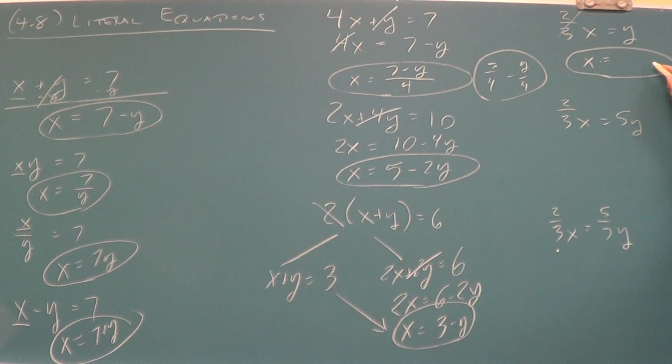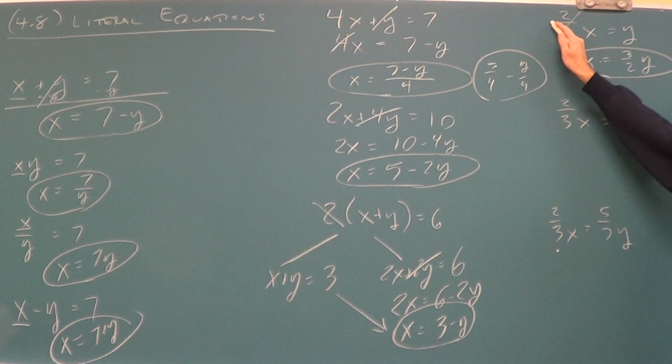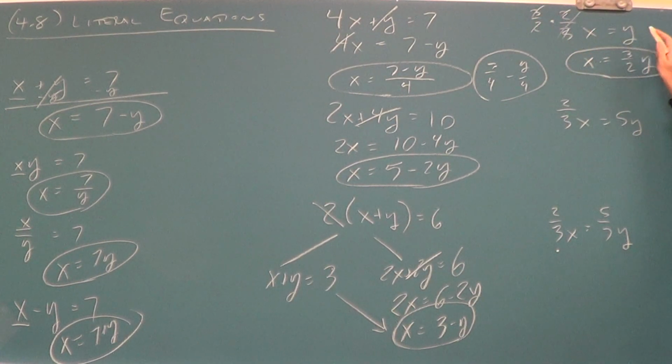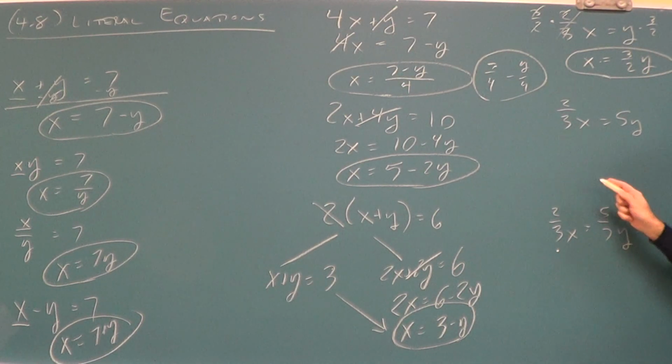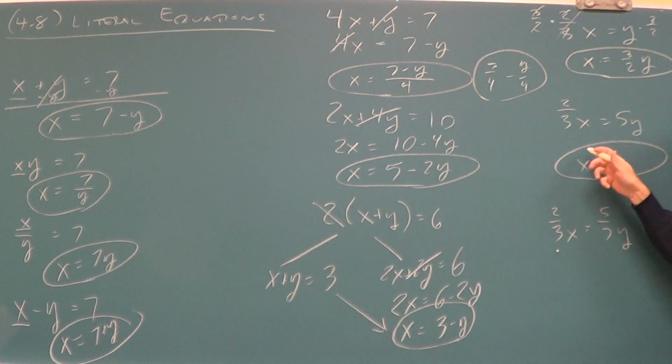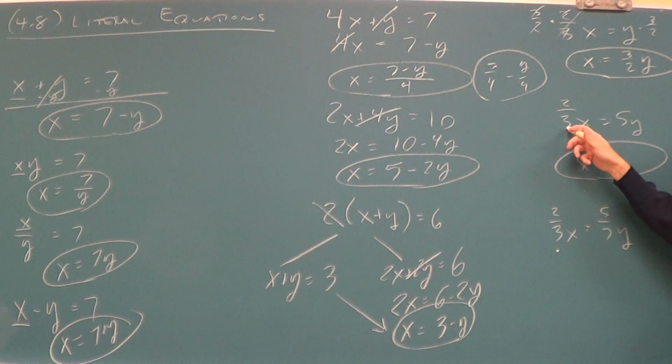So when we go to attack this other side, y minds its own business, but it's joined up with 3 over 2. And again, if you want to show some work, that's fine. What we really are doing here is multiplying by 3 over 2 to get some nice cancels. This one, 2/3, still the same fraction, 2/3 still has to go, so that means 2/3 still has to flip.